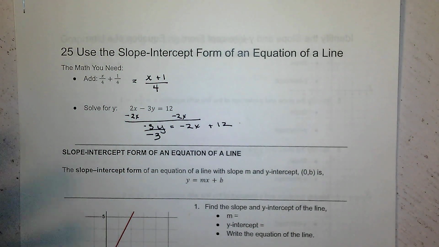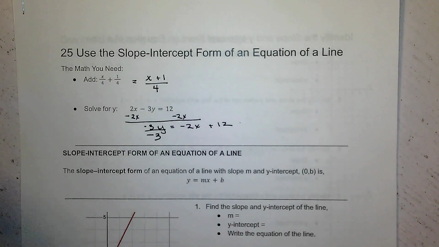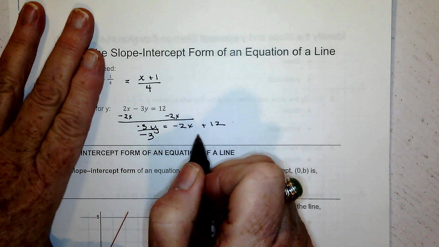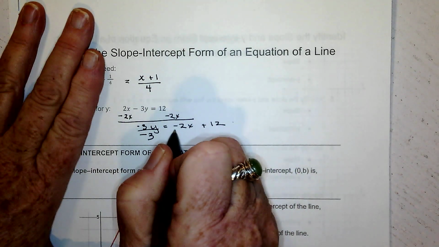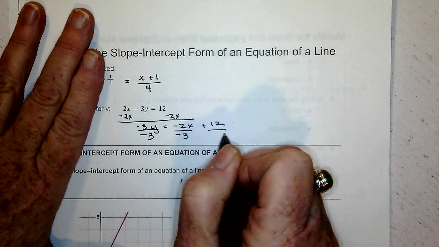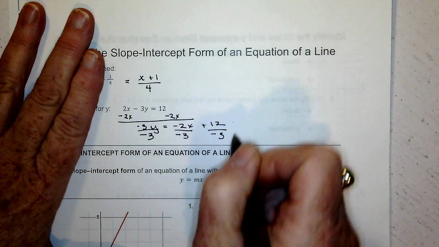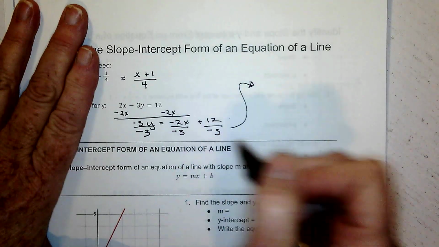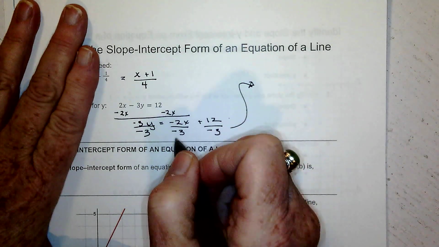Hold up. Now the most important thing here that I'm going to tell you is do not just draw one big old line and put divided by negative 3. The better thing to do here is create individual lines and divide by negative 3 in this capacity. All right, I'm going to do one more thing here, and that's to take care of my sign issue. I don't want a negative over a negative.